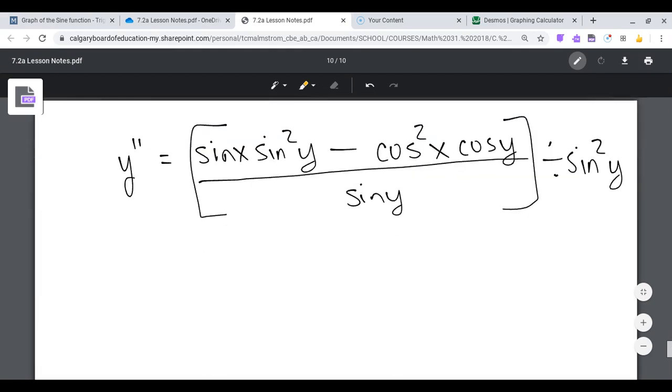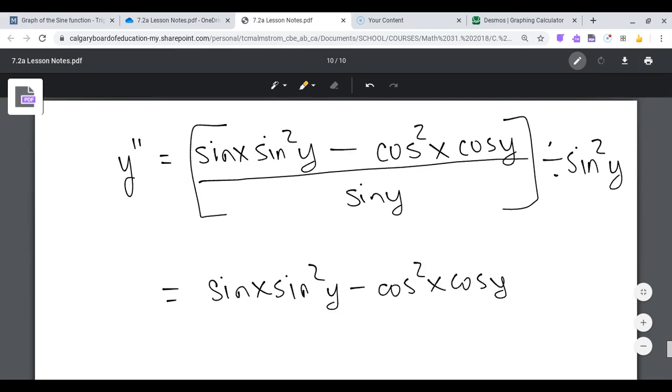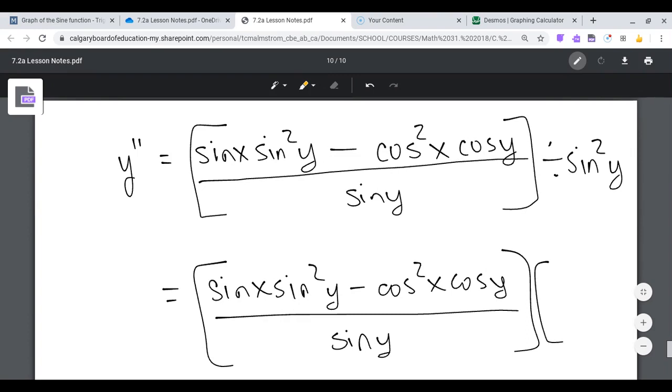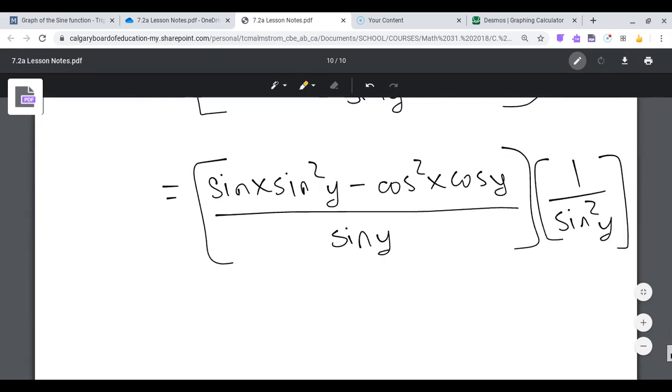Okay, so here we are. We have sine x sine squared y minus cos squared x cos y all over sine y. And then we'll keep, change, flip this, multiplied by 1 over sine squared y. And then those two sines on the bottoms can combine to sine cubed.